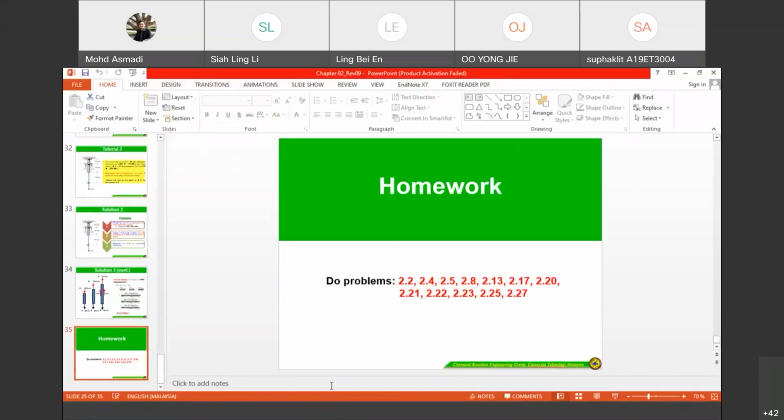Have I already uploaded this tutorial for chapter 2? QR code you can scan in the e-learning. I put it there before I close at 11 o'clock.